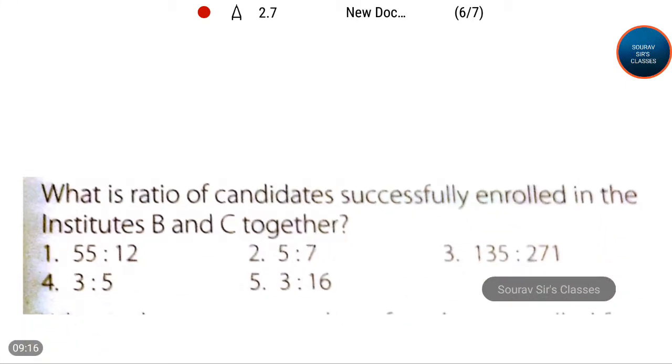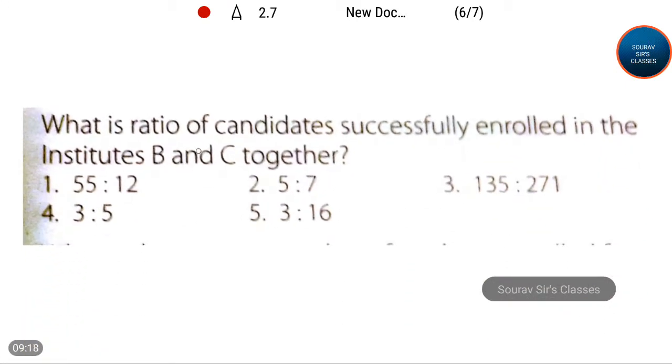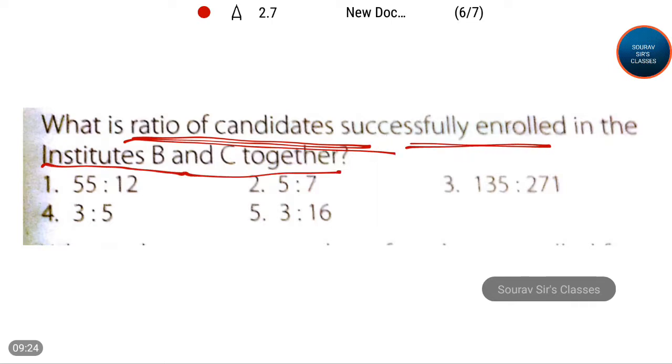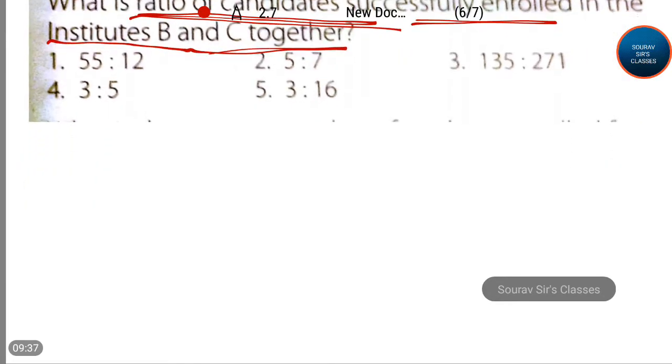The question is, what is the ratio of candidates successfully enrolled in Institute B and C together? So we have to find out the ratio of the candidates that are successfully enrolled in Institute B and C together. Now let's start.